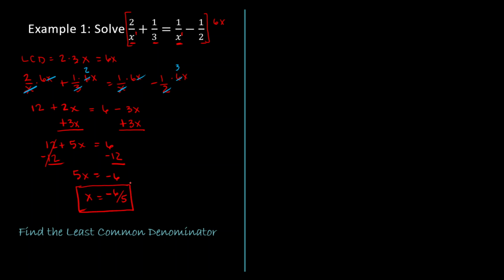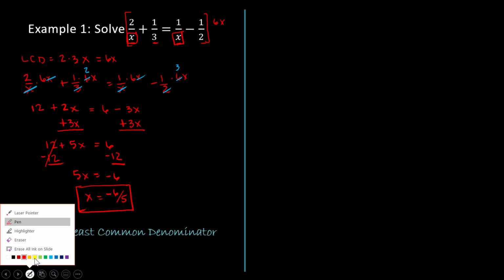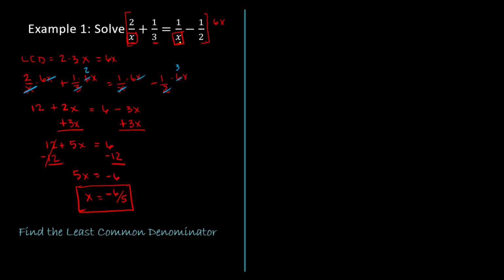Okay? Now any equation like this we can check by taking that -6/5 and plugging it in where we started. And if it works, if we did our work correctly, this -6/5 should make the equation at the top true. Okay, one other observation is to make sure that I didn't make the original equation undefined or indeterminate.